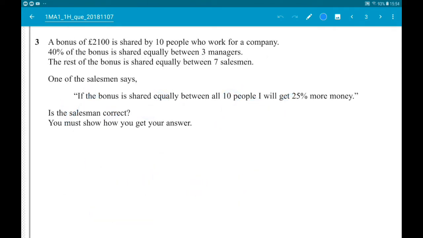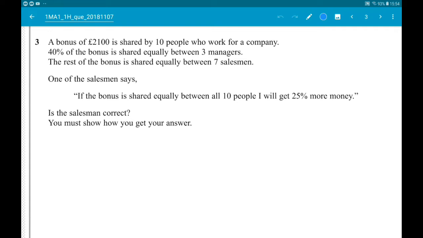So it's a 5 marker already, no messing around. So a bonus of £2,100 is shared by 10 people who work for a company. 40% of the bonus is shared equally between 3 managers. The rest of the bonus is shared equally between 7 salesmen.